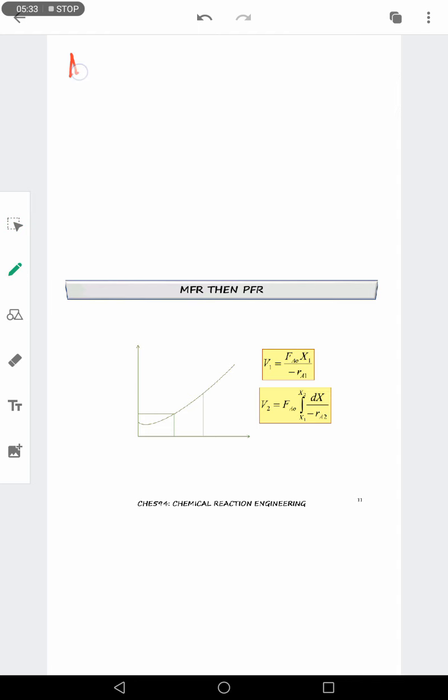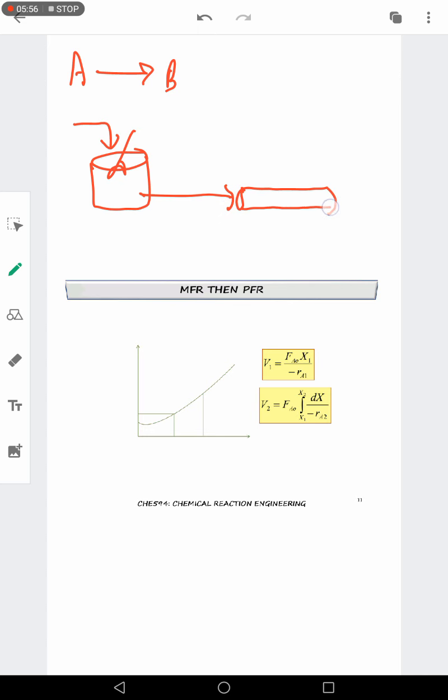Okay, so katalah A producing B, dia akan masuk ke dalam the CSTR or MFR dulu, lepas tu baru dia masuk ke dalam PFR, for example. So sini FA0, FA1, FA2. So X1, X2, for example.